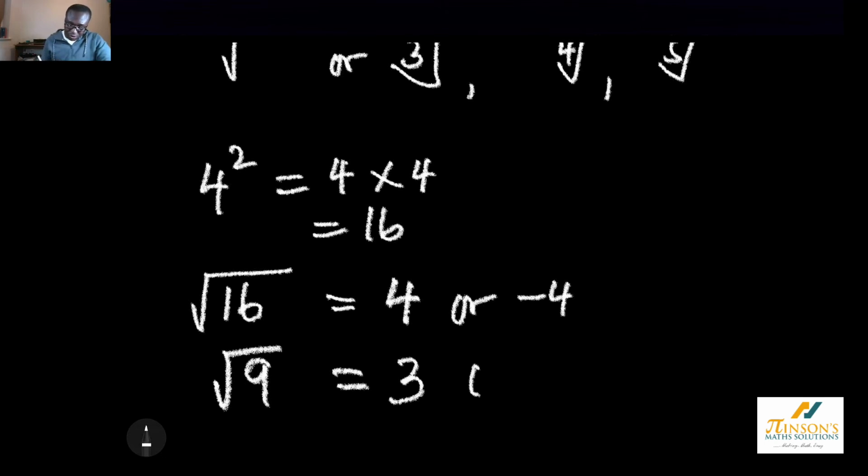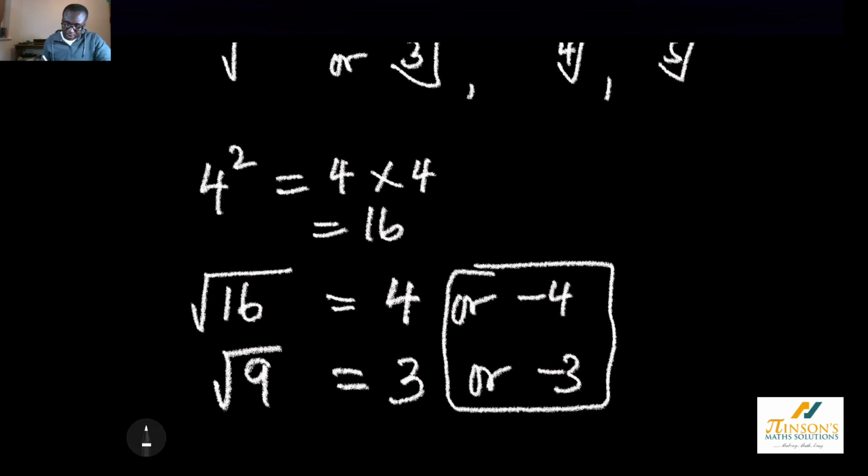And you could also say it's not just 3, it's also minus 3. We are technically correct. In most cases on a foundation GCSE, they are only interested in the positive part of your answers. But if you're doing higher GCSE and A level, we also want to know that the number that was squared to get 9 could have also been minus 3. So technically, you could say 3 or minus 3.